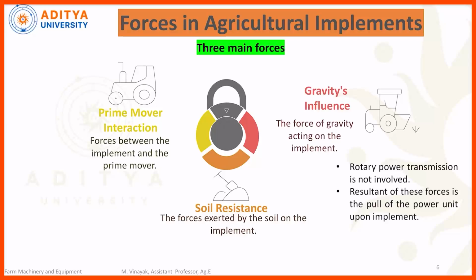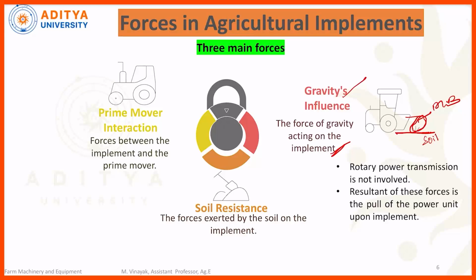The first one is gravity influence, the force of gravity acting on the implement. This is a prime mover, and here we are attaching a moldboard plow. Without engaging or disengaging the hydraulic lever, we simply leave the implement standing in an idle condition. Due to gravity, the weight acts on the earth surface.